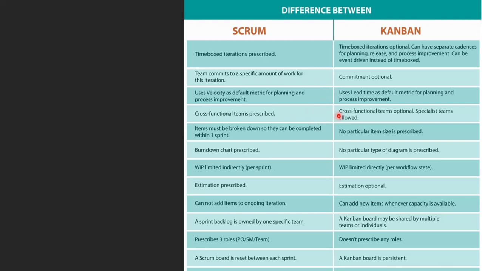Cross-functional teams are prescribed in Scrum. As I told you before, in Scrum, the cross-functional team is the key. I mean, maybe the programmer is required to do the testing. But in Kanban, basically, cross-functional teams are optional. You can have specialized teams because it is a continuous machine that is working.